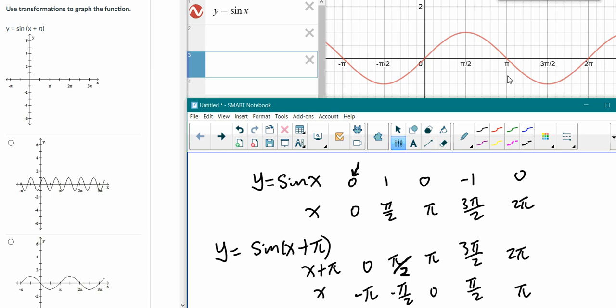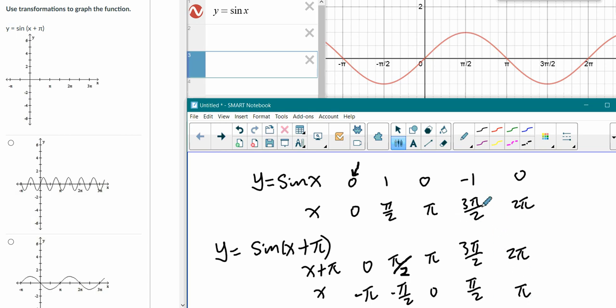So really here, in order to get 0, you do not need x to be pi. You need x, in this case, to be 0.